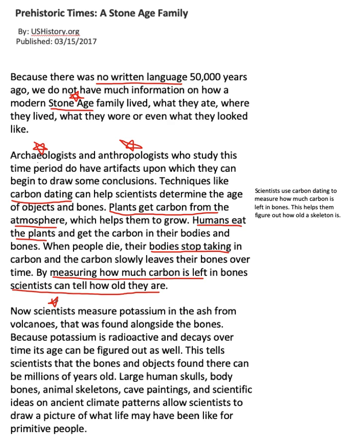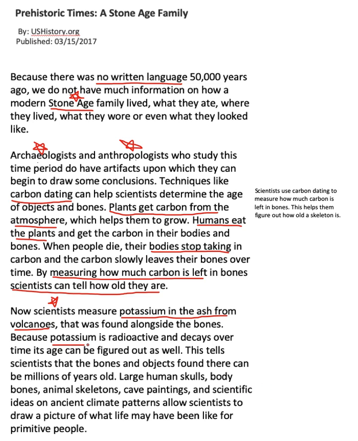Okay, still talking about scientists. They use potassium from volcanoes. I'm going to read more about that maybe. That was found alongside the bones. Because potassium is radioactive and decays over time, its age can be figured out as well. This tells scientists that the bones and objects found there can be millions of years old.